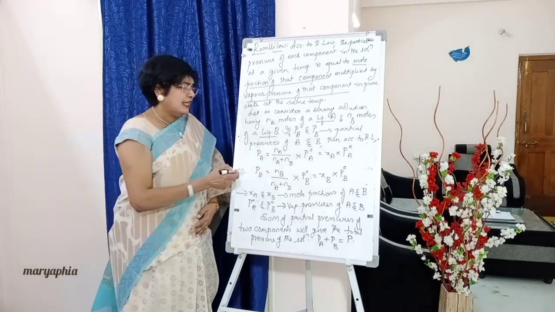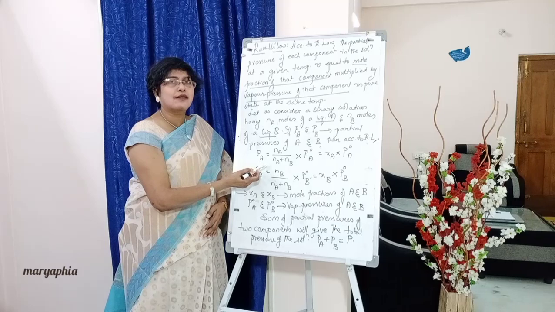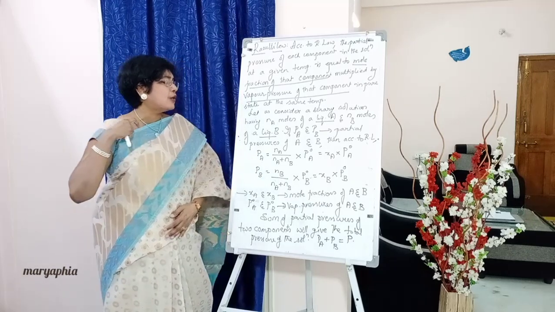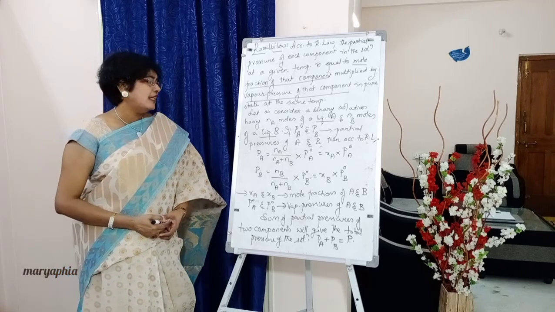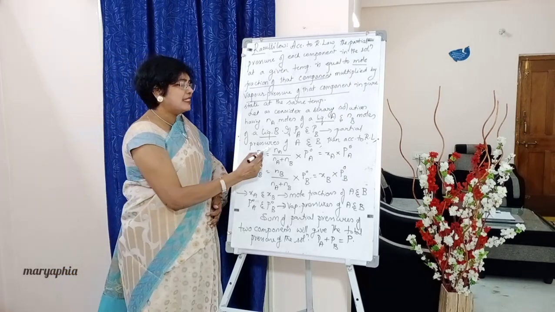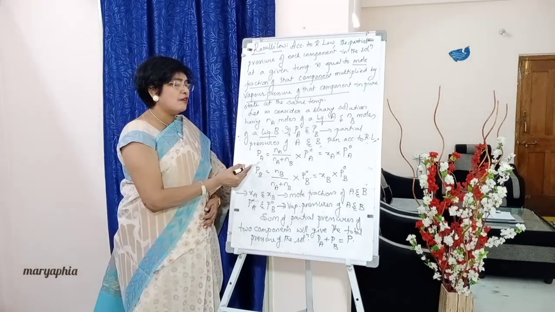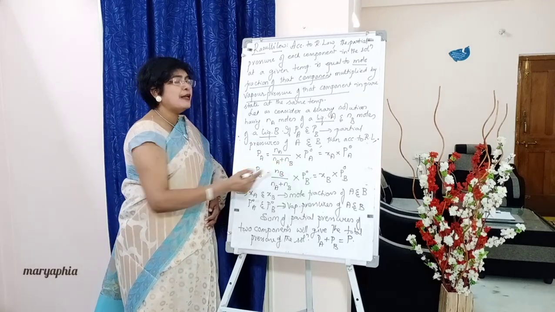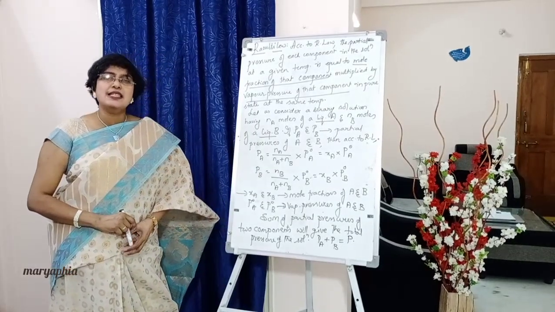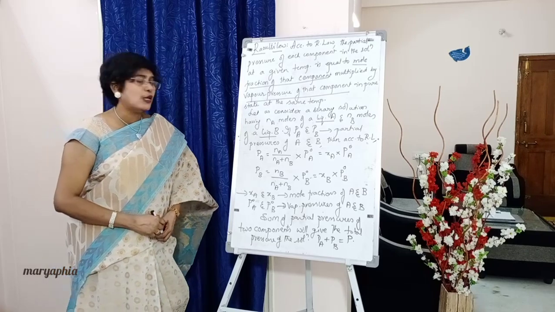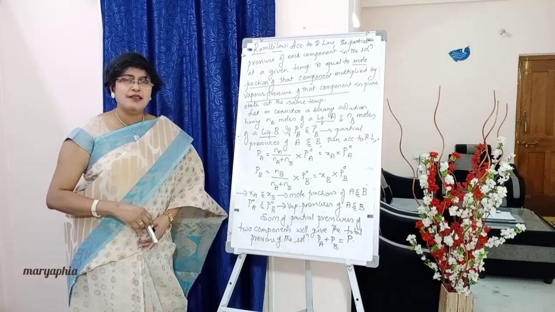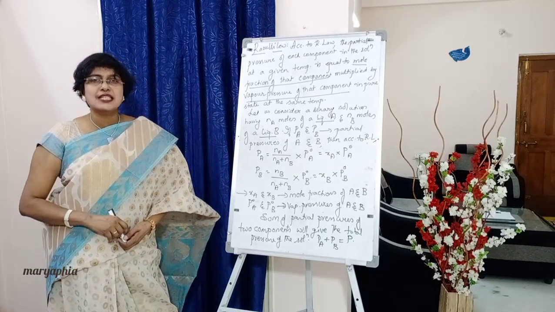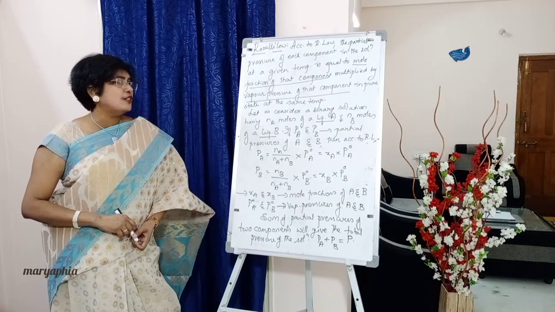So here I have directly written Pa, partial pressure of A, is equal to, write down students, Na by Na plus Nb. This gives the mole fraction of A multiplied by P naught A, where P naught A is the vapor pressure of A, is equal to, this we considered as XA, where XA is the mole fraction of A. So XA into P naught A.